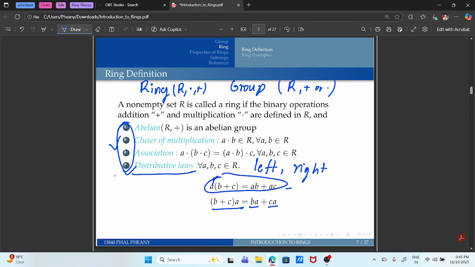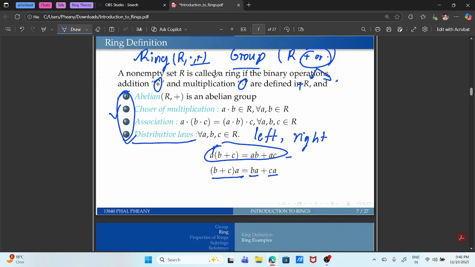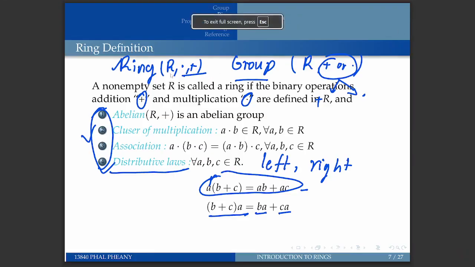Here is the difference: a ring uses two binary operations, one addition and one multiplication, but a group has only one operation over the set, which can be addition or multiplication. I hope you are clear about the ring, its definition and its properties.